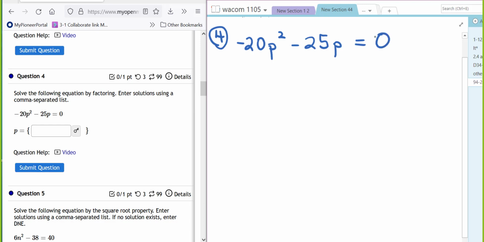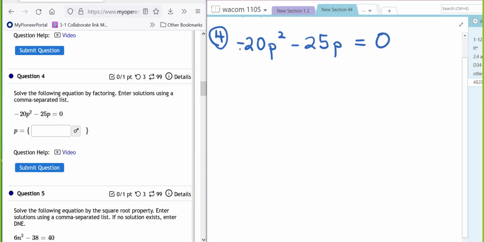Right, so when you see this, you see the equals, you know it's an equation. You see the exponent of 2, you know it's a quadratic equation. Your first step would be to try to factor out something, and you can factor a GCF on this one.